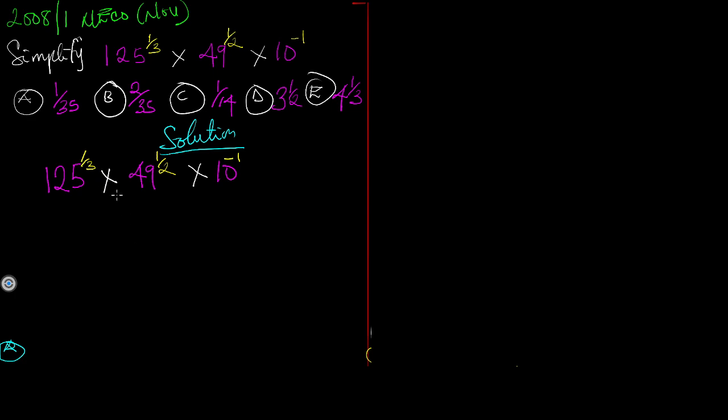And we said that anytime a number is raised to a fraction as a power, the denominator will tell us that that is a root, and it will tell us the kind of root. If it is 2, it will be square root. If it is 3, it will be cube root. If it is 4, it will be fourth root, and so on.